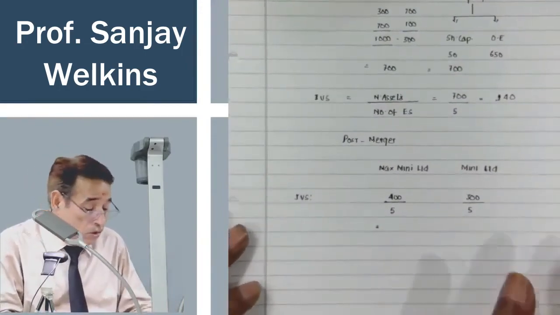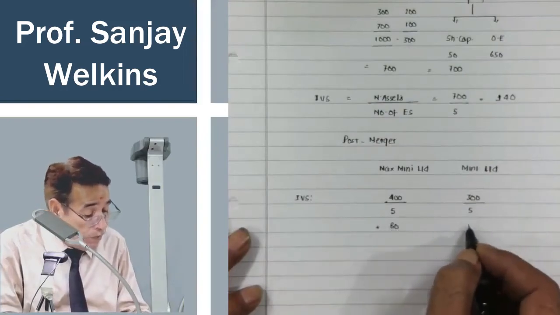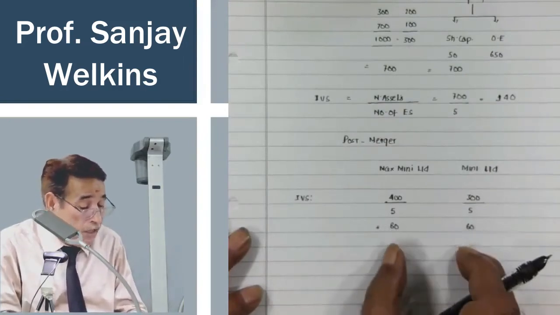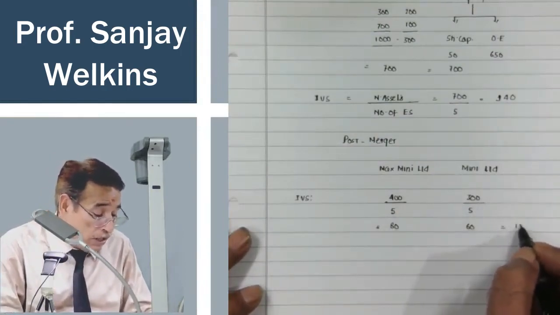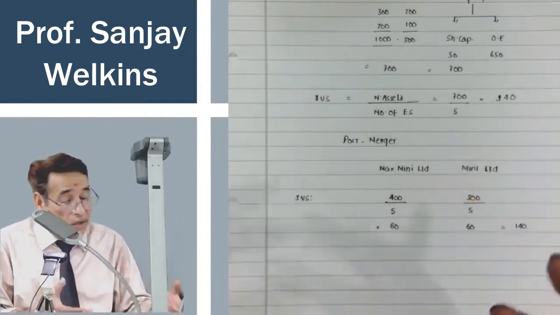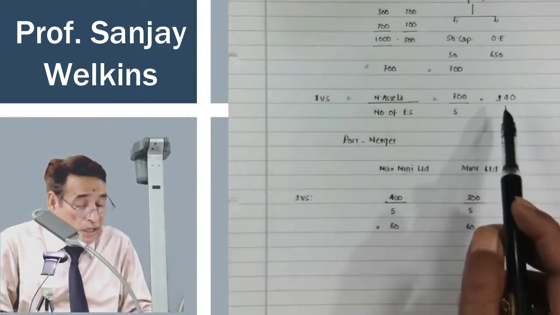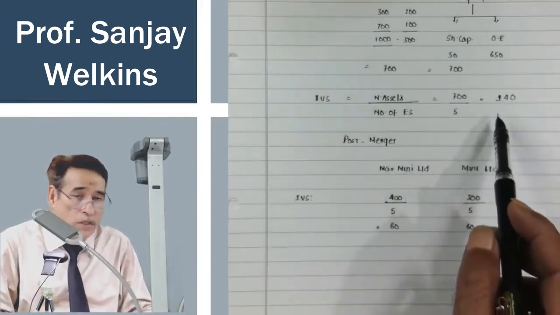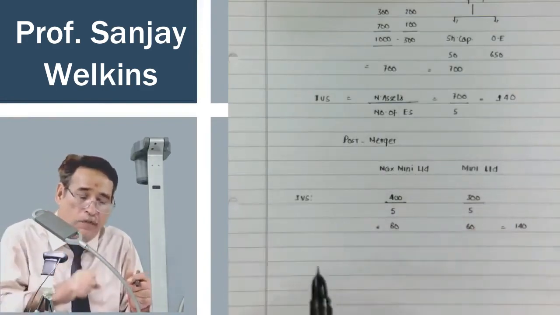Correct? So, if I compute it now, it will be equal to 80 and it will be equal to 60. However, it is equal to 140. So, as a shareholder, you haven't lost anything. Even earlier, your share was worth 140. I should not call it market value 140, because this intrinsic value shows the worth of your asset in terms of asset.